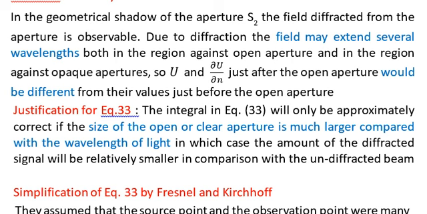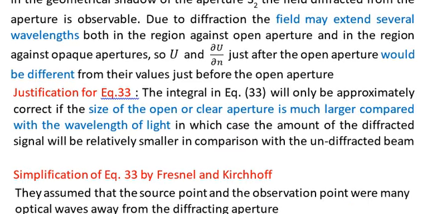So the clear aperture is larger in size in comparison with the wavelength of light, such that the amount of diffraction is very small in comparison with the undiffracted beam, and so we can neglect the contribution of the diffracted field.